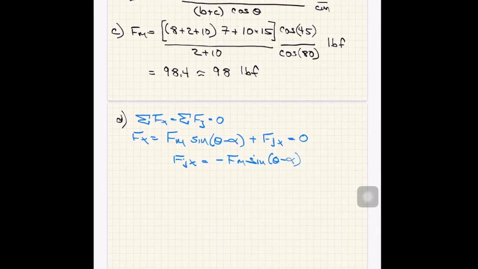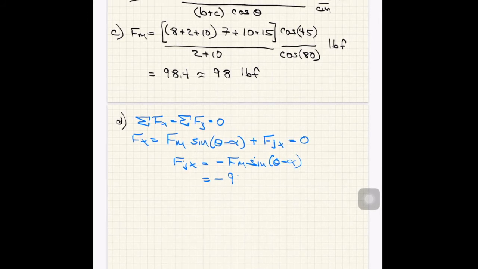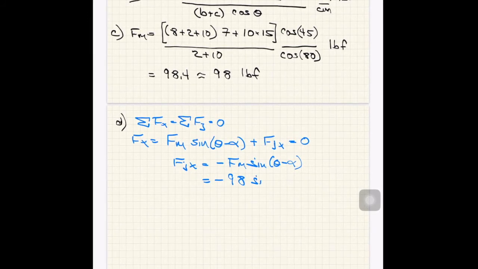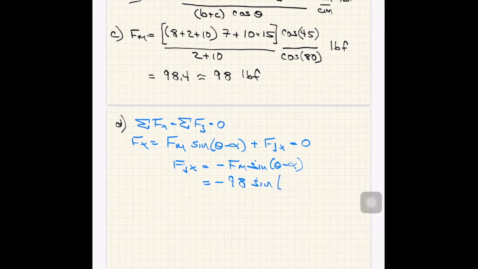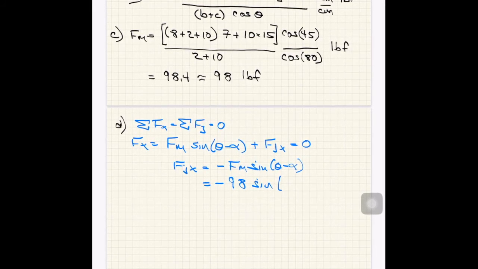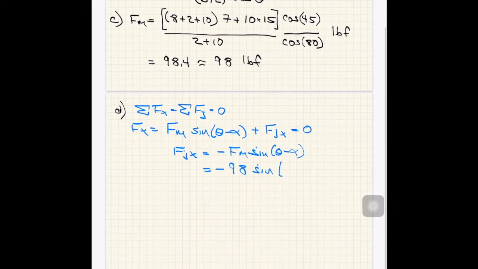At this point we can put some numbers in. We figured out Fm before is going to be 98, and we're going to have the sine, and we know theta and alpha, we can scroll up here again. What are theta and alpha? Theta is 80, alpha is 45.